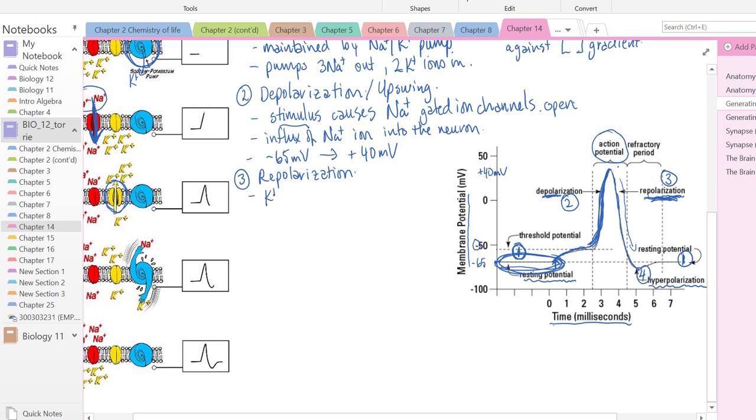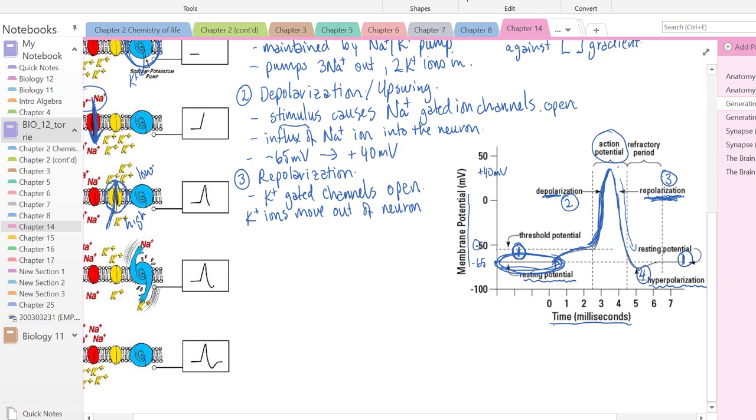So potassium-gated channels open, and potassium ions move out of the neuron. Again, it's just facilitated transport, so there's no energy involved, just the movement from high to low concentration.